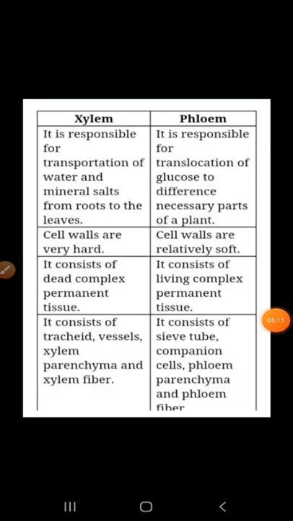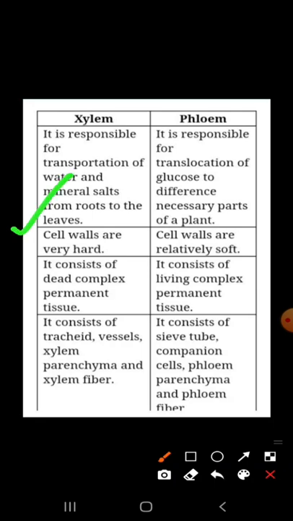Now there are four differences between xylem and phloem. The first difference is that xylem is responsible for transportation of water and mineral salts from the roots to the leaves, while phloem is responsible for translocation of glucose to different necessary parts of the plant. Then cell walls are very hard in xylem and relatively soft in phloem.